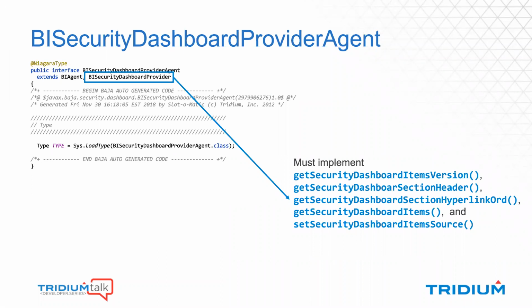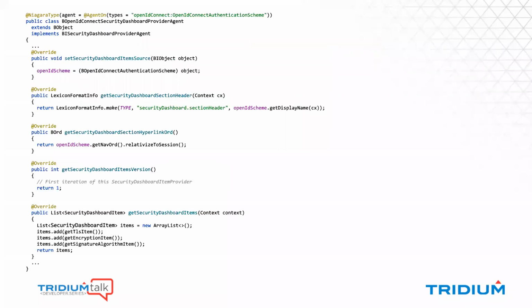All right, so for OpenID Connect, it looks like this. This is a little bit different from the other 2 examples we've seen, but it's kind of like merging the 2. We've created a new class, like we did for the first example, which was the security dashboard item provider.